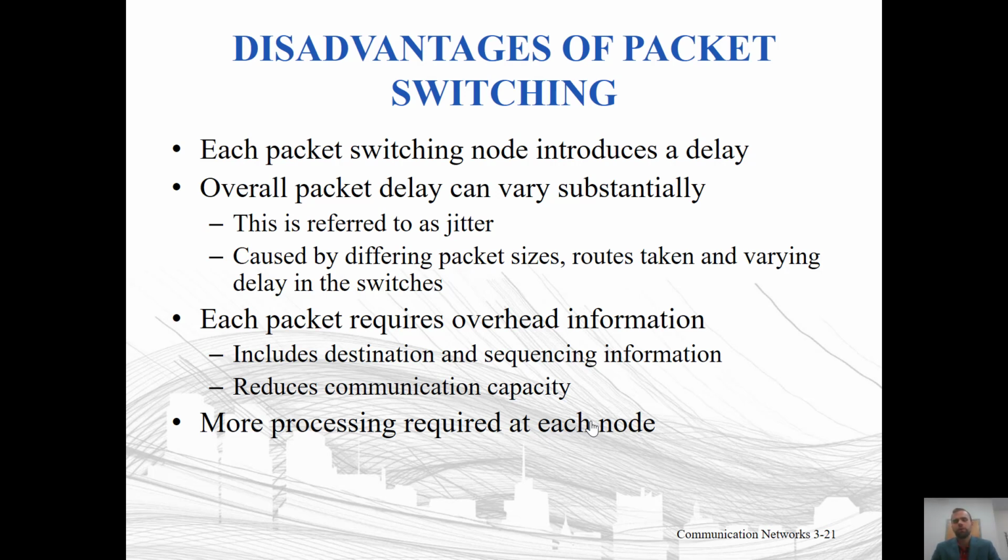Does it have priority, quality of service, etc.? So it includes destination and sequencing information. And if you're introducing overhead, by definition, you're going to be reducing your communications capacity. Less information is getting through the network because you have to account for that header, that control information. And more processing is required at each node.